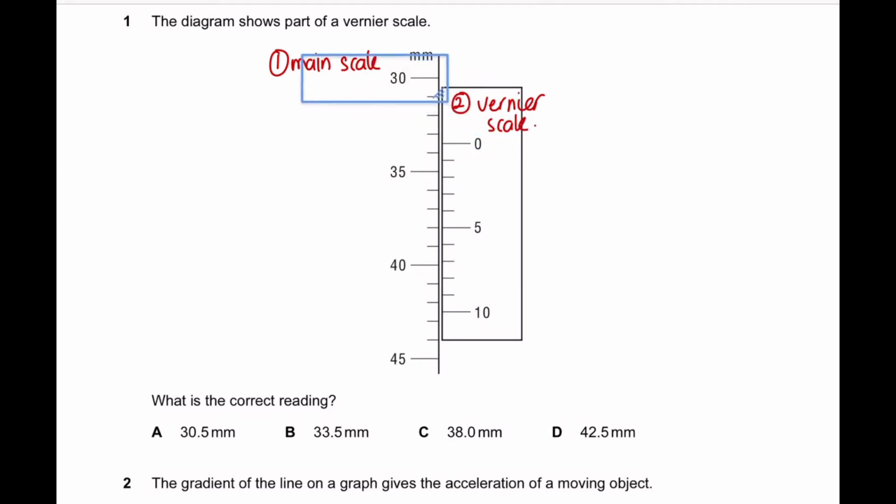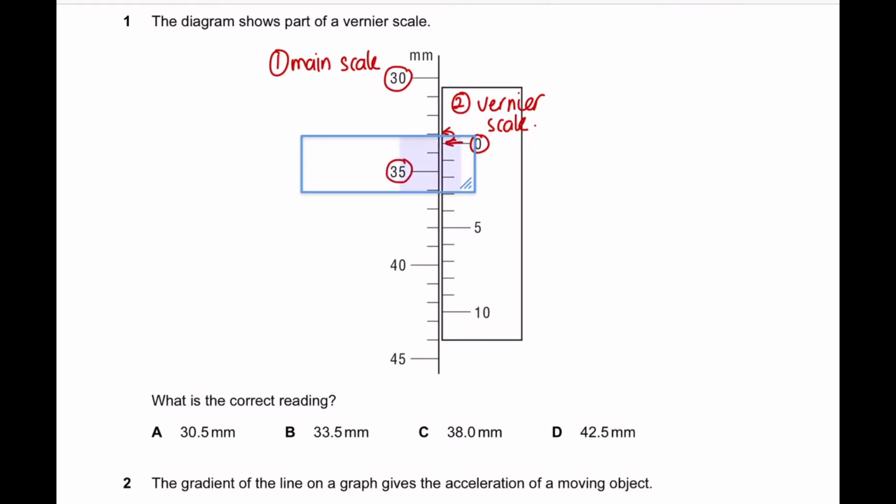To read the main scale, first of all, we need to identify where the 0 of the Vernier scale, which is this one, lands. So we need to read the number before that. Okay, the starting number of the main scale is 30, and I'll pick the closest number here.